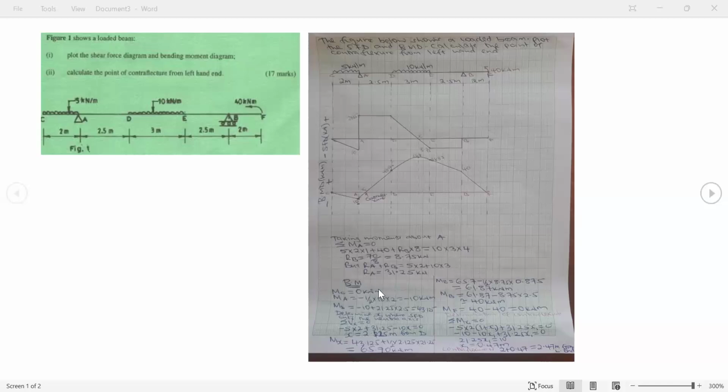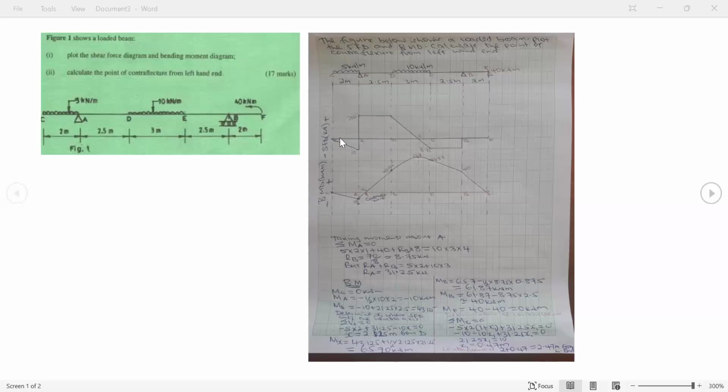Moment at C is 0. Now in this case, we shall use the area method, the area under SFD method. Now the moment at A will be the area under SFD. Now remember our reference line is CF.